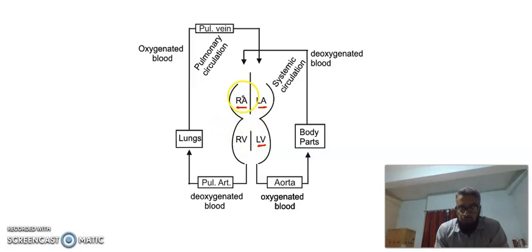That is, the right auricle receives the deoxygenated blood from the body parts, as you can see in this diagram, and passes it on to the right ventricle. Similarly, the left auricle receives the oxygenated blood from the lungs and passes it on to the left ventricle.